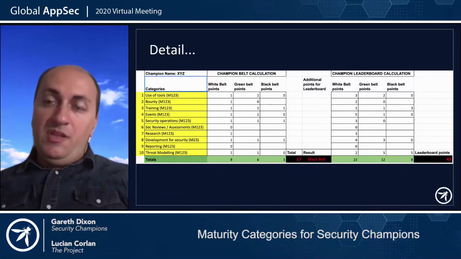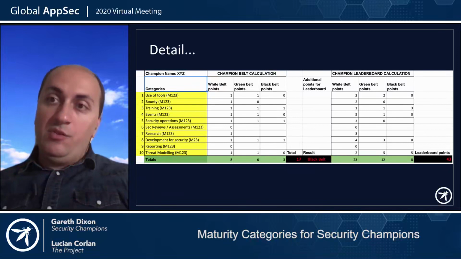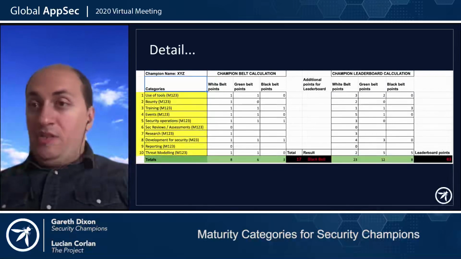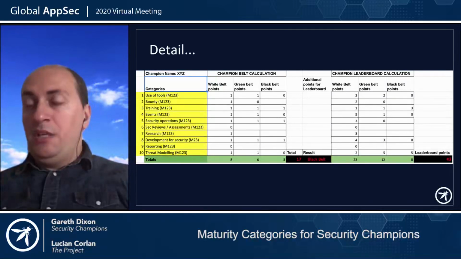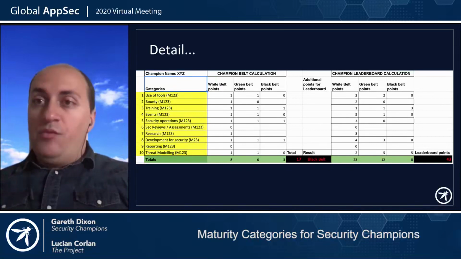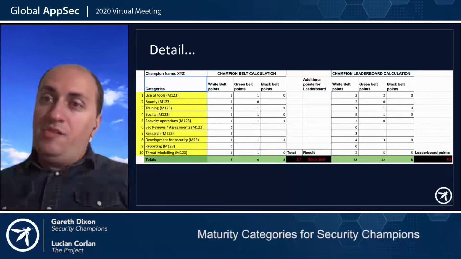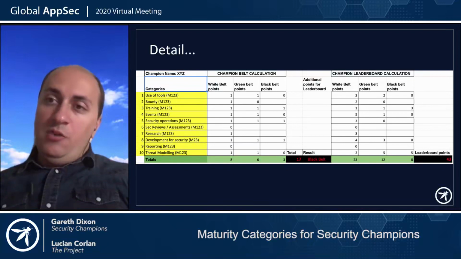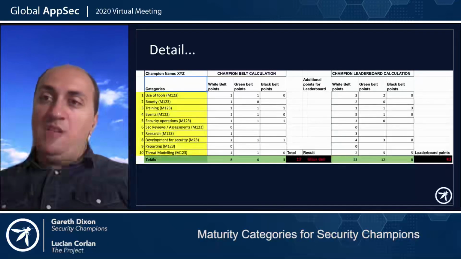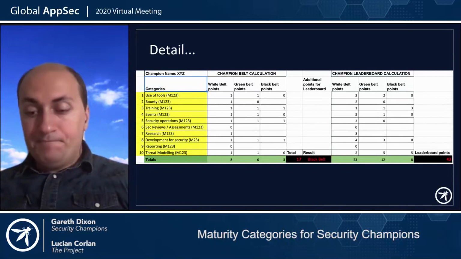Our recommendation is that this gets reset every 6 months or 1 year, whereas the leaderboard could potentially continue beyond that year. Because as I was mentioning, at some point, some of these security champions will join the security team. I think it is good to see their whole journey since they've become champions, their whole security journey, or helping the security team.